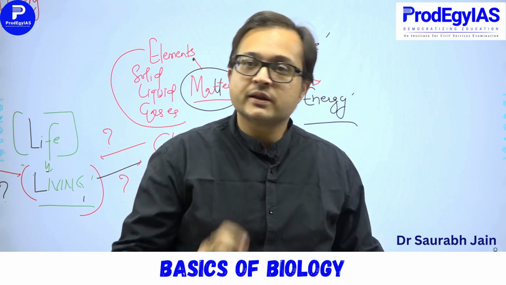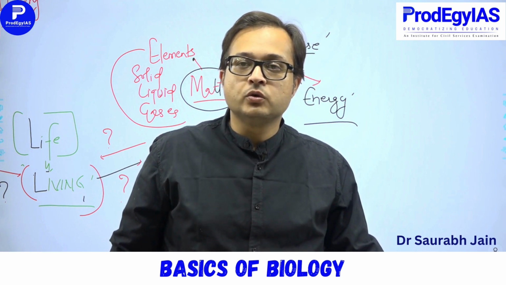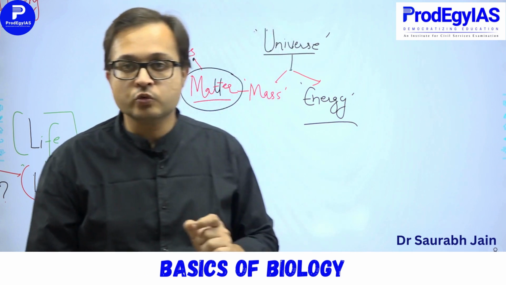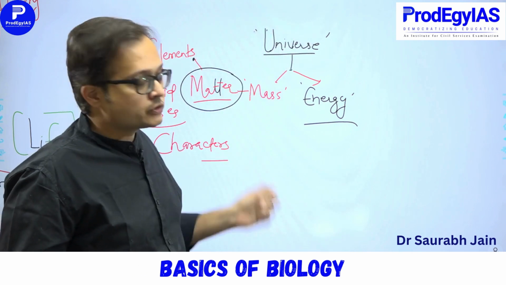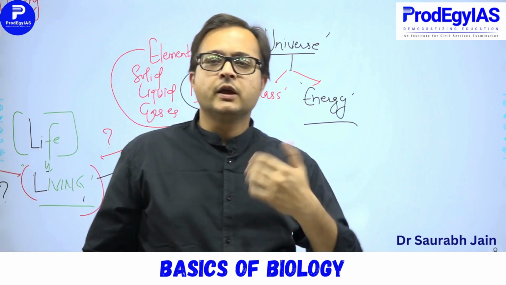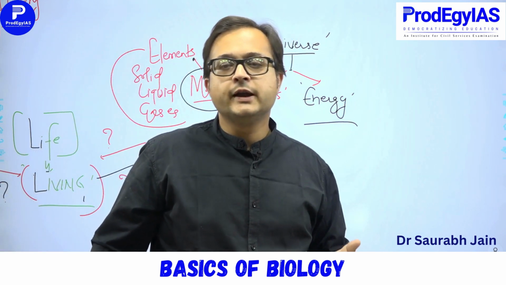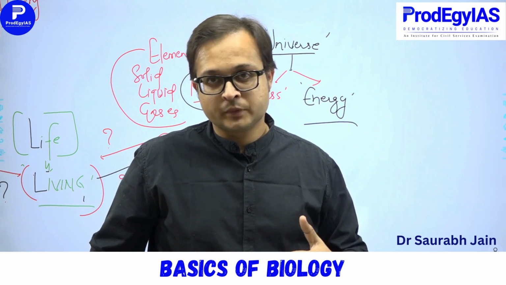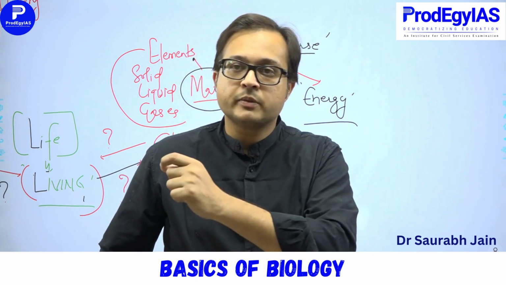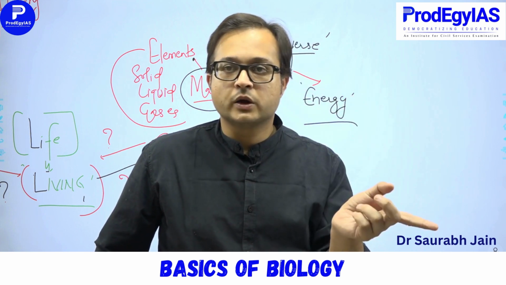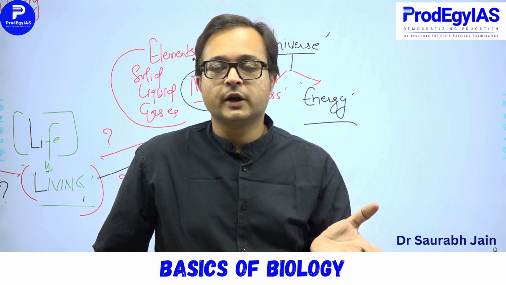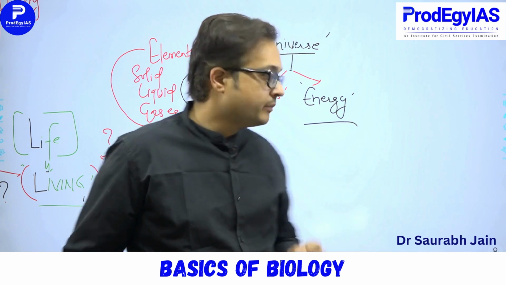So the basic thing that we understand here about the universe is that this always remains true: there is an interconversion of matter and energy. Mass and energy constantly have a cycle of interconversion. Now, if this is true, energy can never be created nor destroyed. It is only converted from one form to another, going across in intercycling with matter.